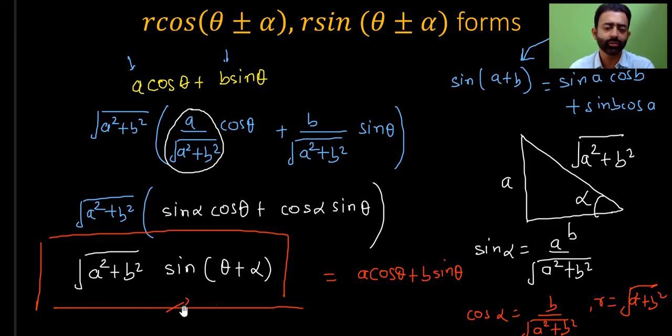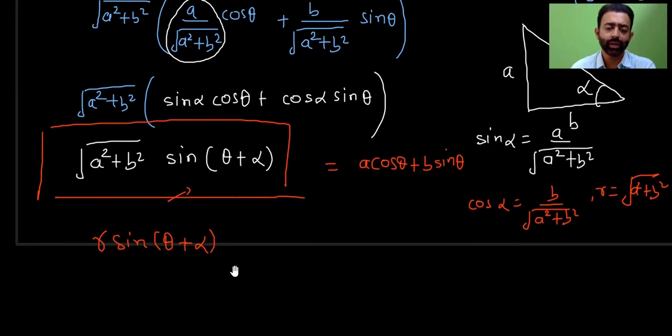We can also convert this into cosine form, but in that case, if this is plus here, I have to use the cos theta minus alpha form, because in cos theta minus alpha, the RHS will be cos theta cos alpha plus sine theta sine alpha. You can also represent this A cos theta plus B sine theta in cosine form, but in that case that will be r cos of theta minus alpha, right?